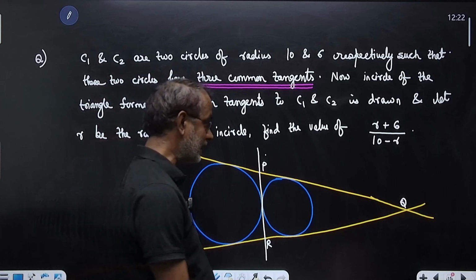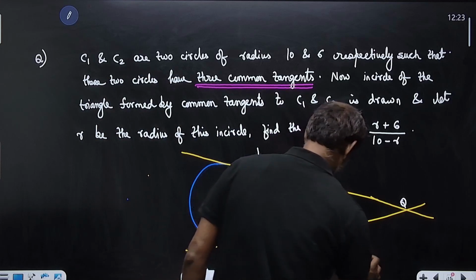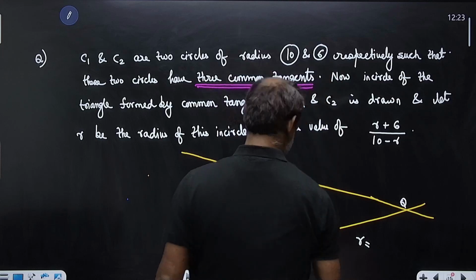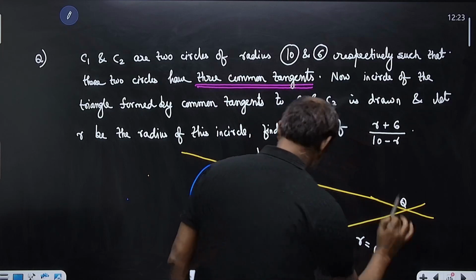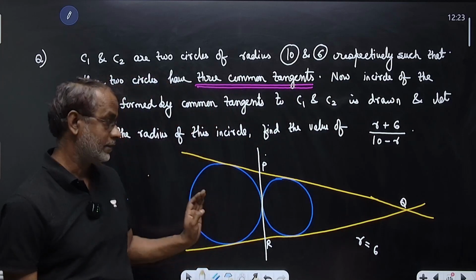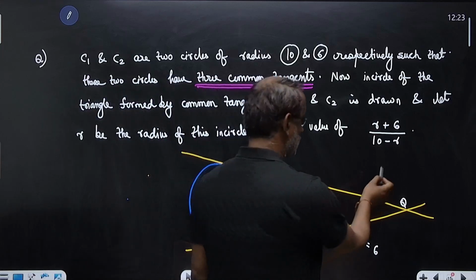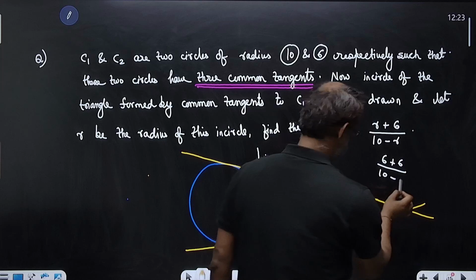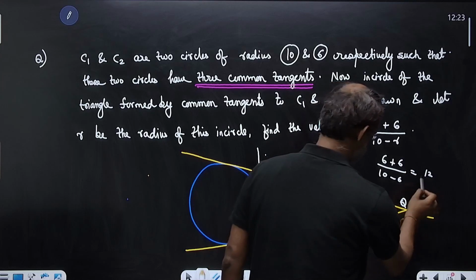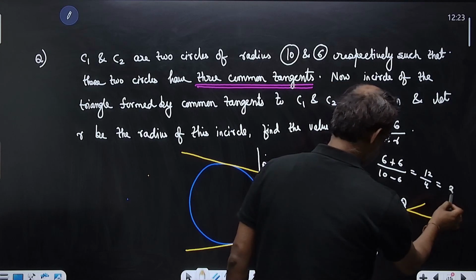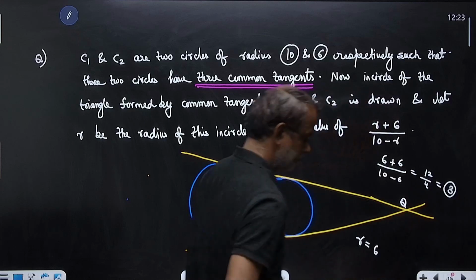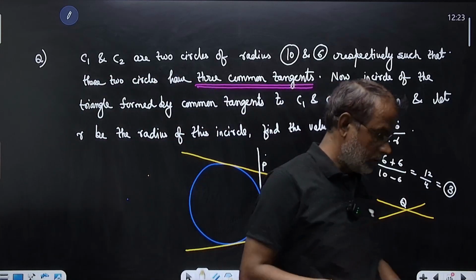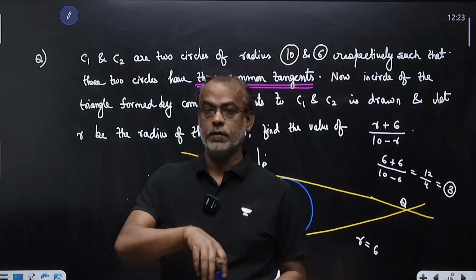So R is nothing but the smaller of these two, which is 6. 10 is the radius of the other circle. So this is a very simple question: 6 plus 6 upon 10 minus 6, that is 3, isn't it? Okay.